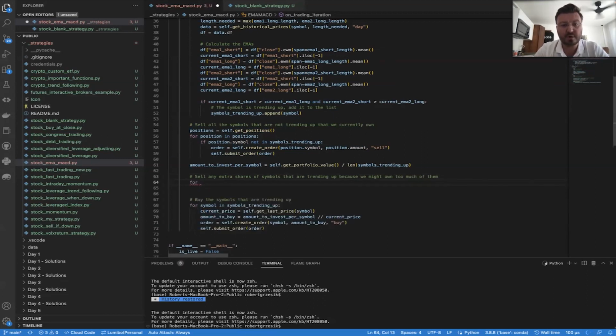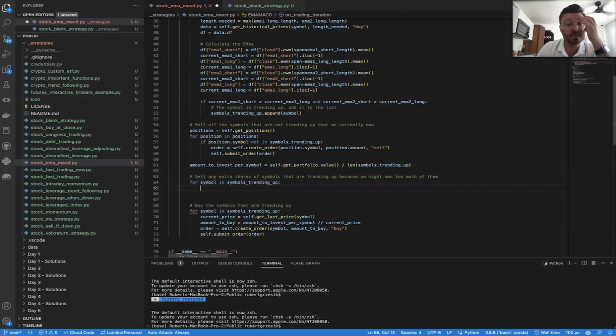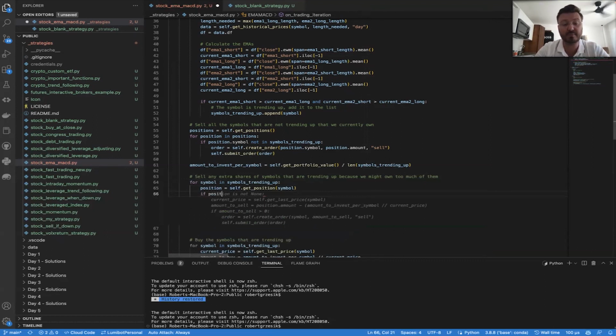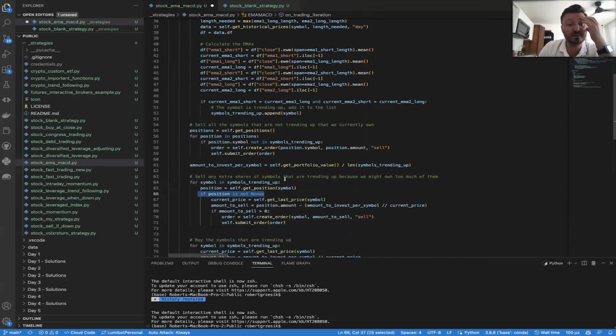We'll go for symbol in symbols trending up, and we'll get our position: position equals self.get_position(symbol). And then if position is not none, because position could come back as none, that means we have a position. Then we're going to get the current price, then the amount to sell.